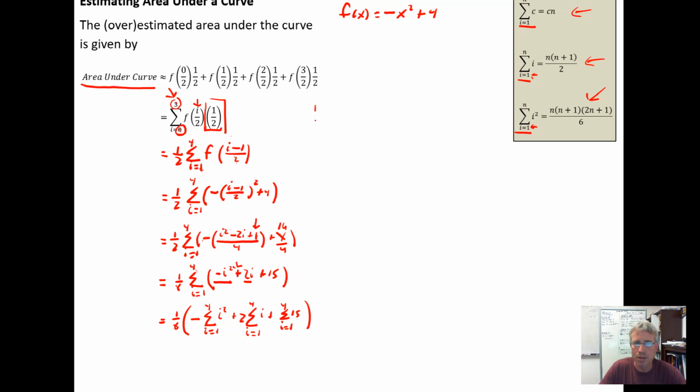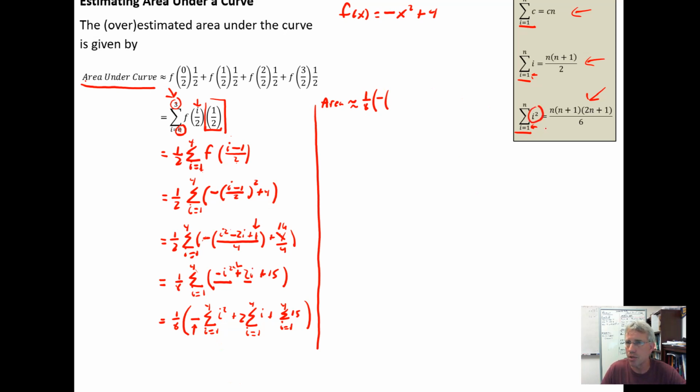And now I can continue to simplify things. I can say, hey, the area under the curve, I'll just call it the area, is going to be approximated by the stuff that we have here. So this is 1/8 times the opposite of the sum of the i squareds from i equals 1 to 4.